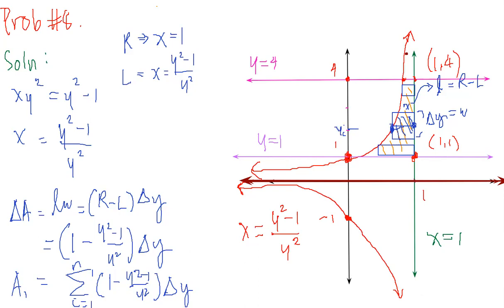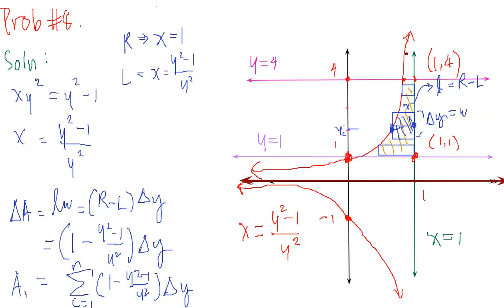Now let's go to the next board to express the Riemann sum. By the way, we forgot the limit as n approaches infinity.